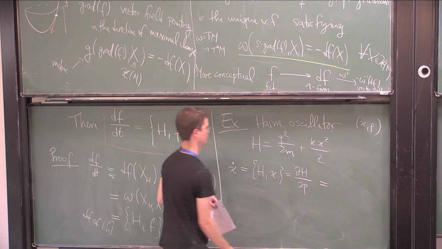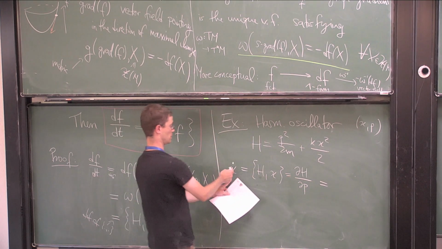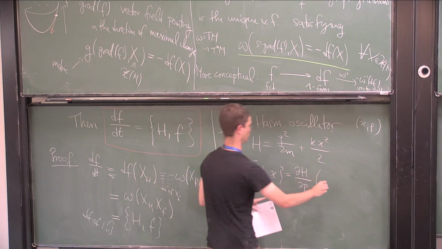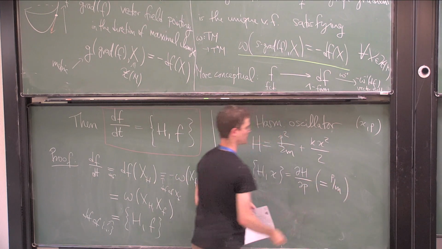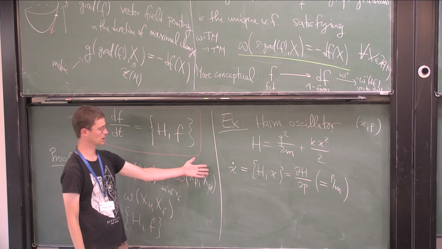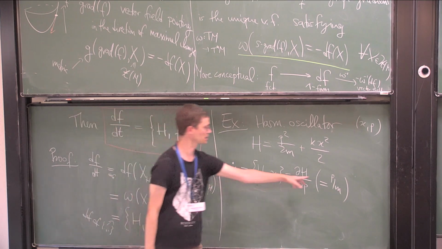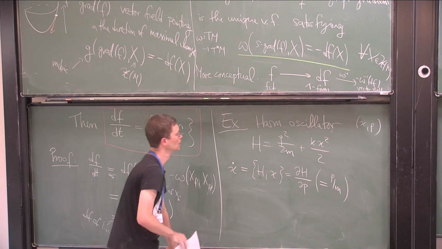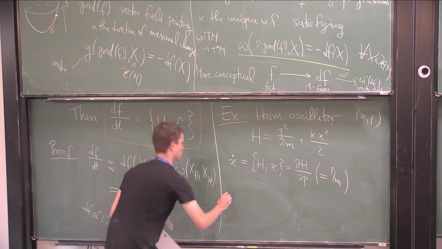And this is kind of the first observation we had. And of course this is p over m. But somehow this equation does not give you something new. It just gives the definition of p. P is m x dot.